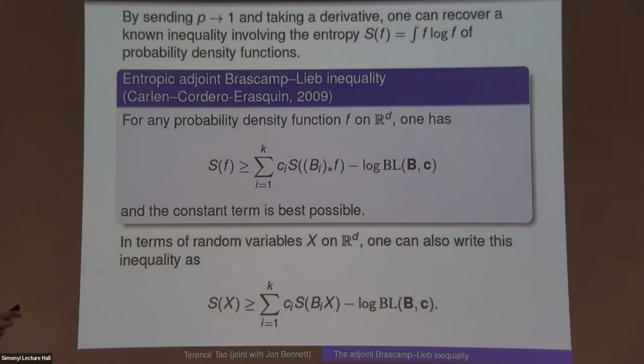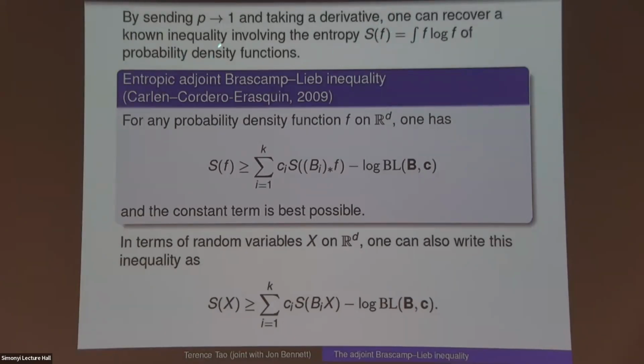Whenever you have an inequality for some P, but at a special P like P equals 1 it's an equality, there's a standard trick: you can differentiate your inequality at the place where equality holds, and you get another inequality, a sort of linearized inequality around that exponent. This is called the replica trick. So this is differentiating the LP norm at P equals 1. If you differentiate the LP norm at P equals 1, you basically get the entropy function. The entropy of a function f is, up to sign, the integral of f log f.